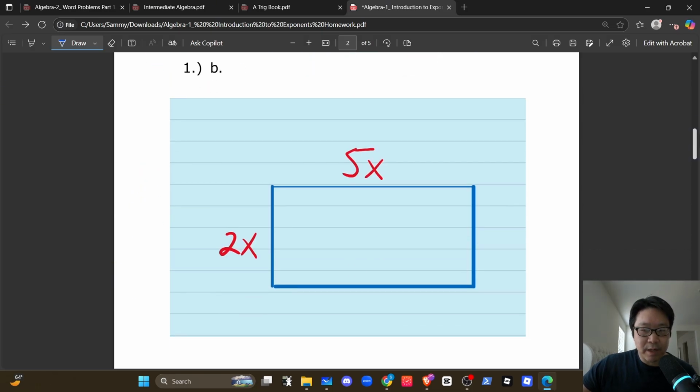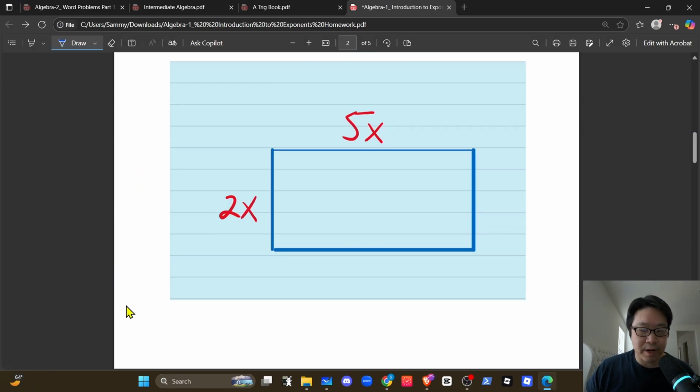All right, let's move on to the next one. Here we have another rectangle, so it's the same deal. All you have to do is multiply length times width to get your area. So we're going to multiply 2x and 5x, which gives us 10x squared.